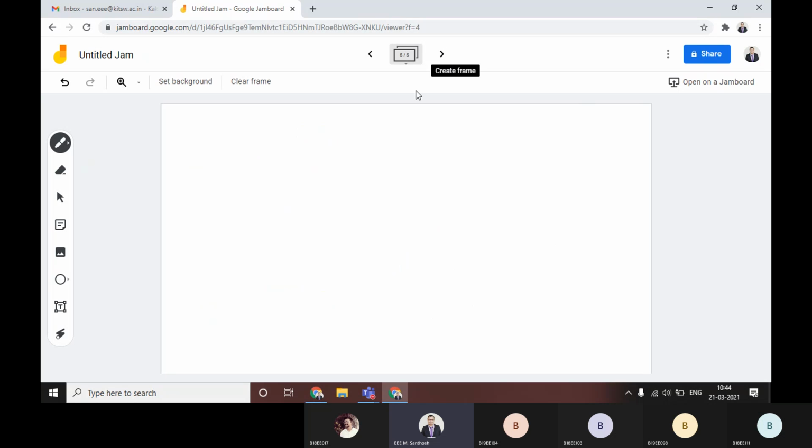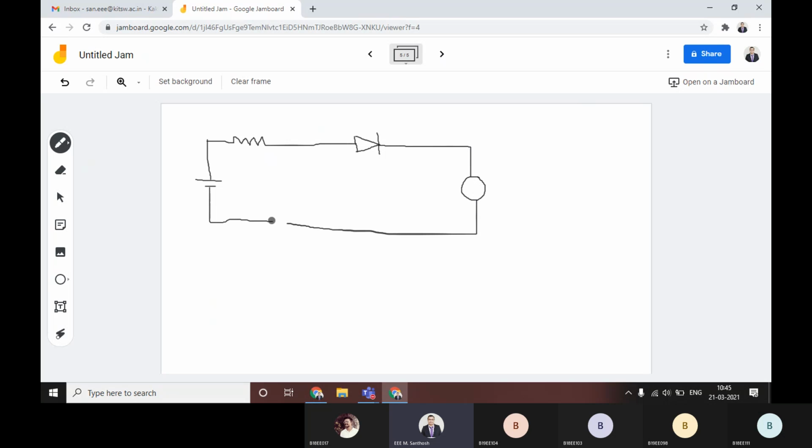Next you solve this one. There is a voltage source and there is a resistor and there is a diode. And there is an ammeter and you have a resistor here, another resistor here.